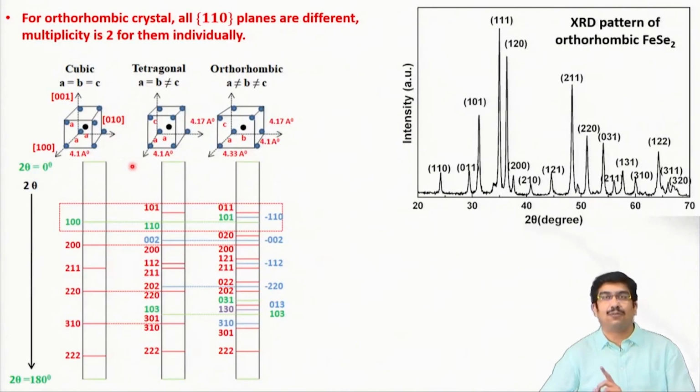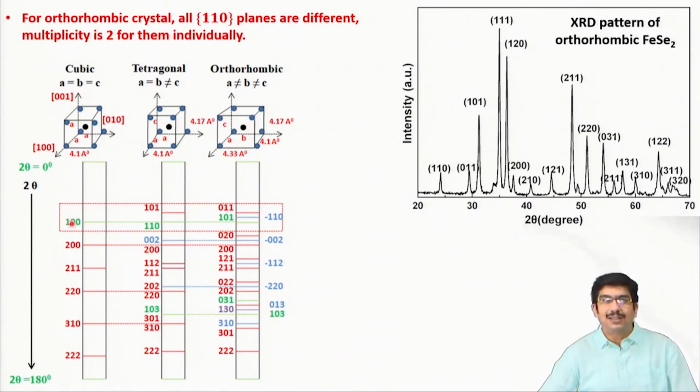In case of an orthorhombic crystal, all 110 planes are different, and that is why each will have a multiplicity factor of 2. Any unique plane will have a multiplicity factor of 2, because of that plane and the reverse of it. So the 110 planes for an orthorhombic crystal are all different and will have different multiplicity factors. That is what is shown here if you compare body centered cubic versus body centered tetragonal versus body centered orthorhombic systems.